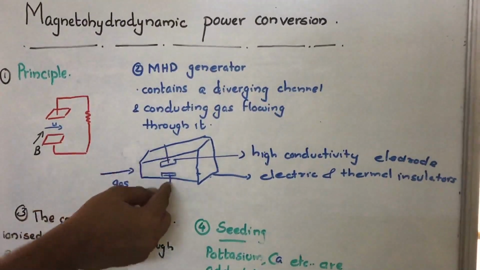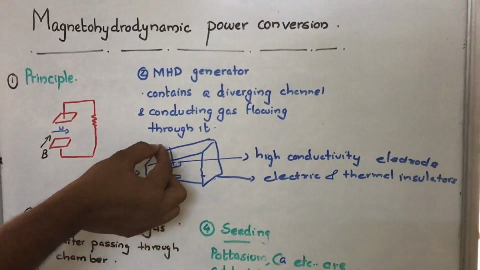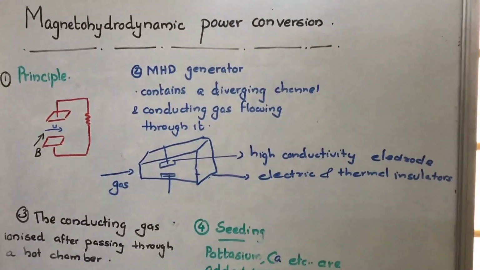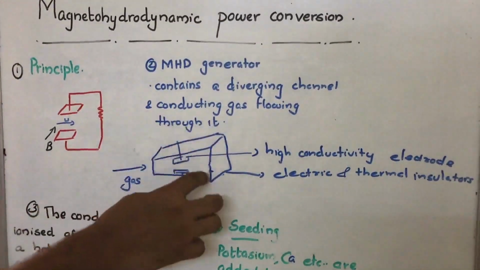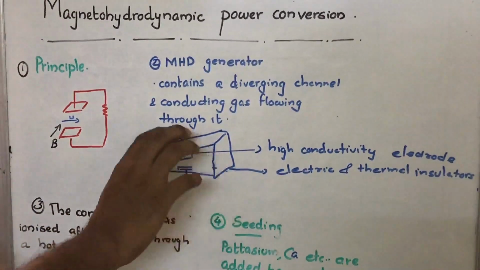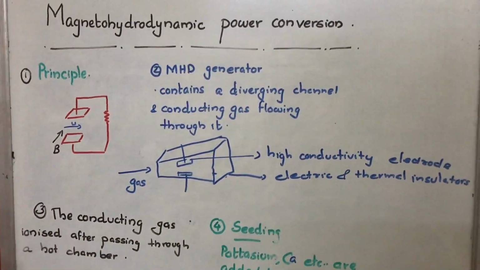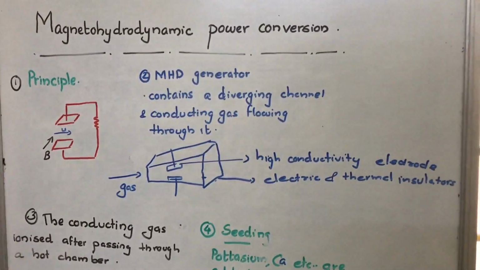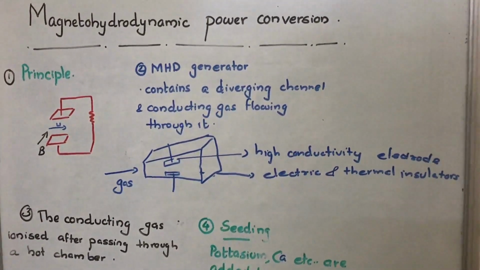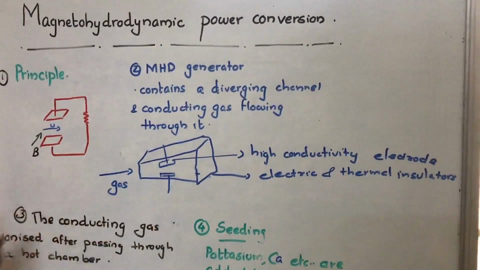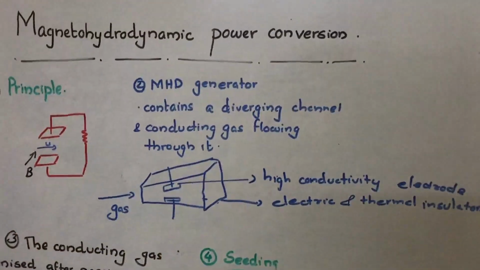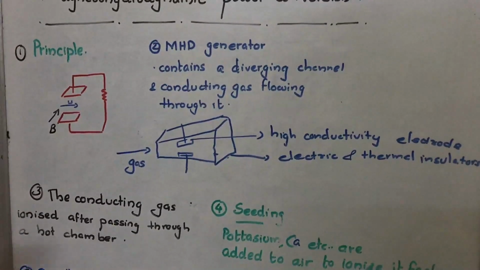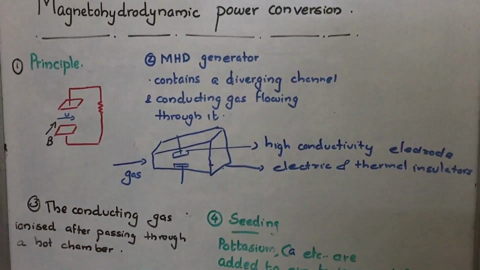So the material used as the electrode must be able to withstand high temperature. Also, this diverging portion must be electrically and thermally insulated. It should not conduct electric and thermal energy. And the electrode should have high conductivity. So this is in principle an MHD generator.